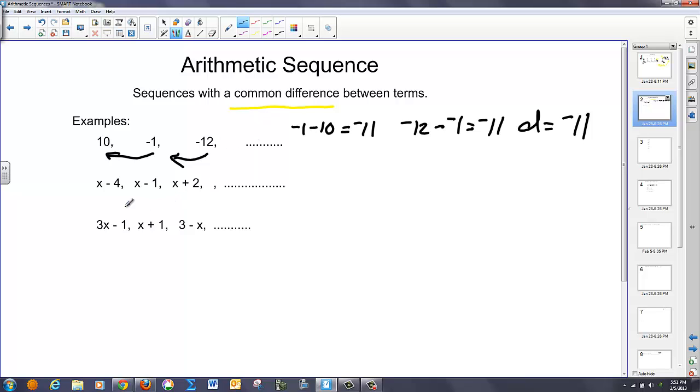In this next example, we have variable expressions. So there must be a common difference between the first variable expression and the second. So I take x minus 1, and I subtract from that x minus 4. Notice the x's will go away, and I end up with 3 as my difference here.